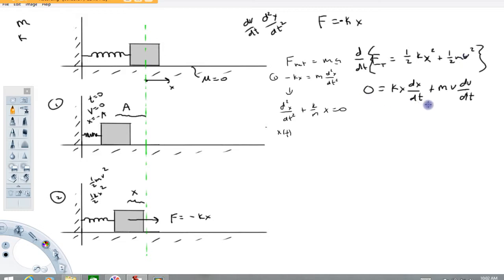Now, as we look at this equation here, here's some things to take note. dx/dt is the velocity, so these actually can be divided out. And dv/dt, remember, is equal to the second derivative of x with respect to time.